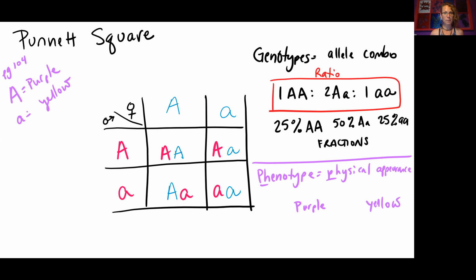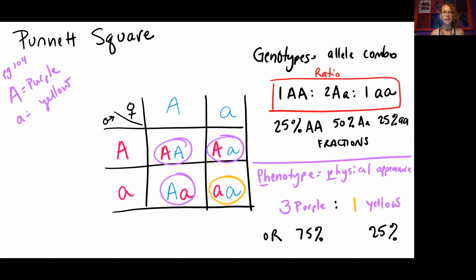Okay, so count it up. And you should get a ratio of 3 to 1, 75% to 25%, or you can call it 3 out of 4, 1 out of 4. And we always write the dominant trait first and then the recessive trait second. Okay? Nice.